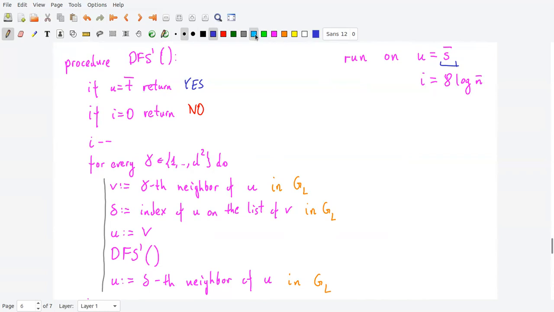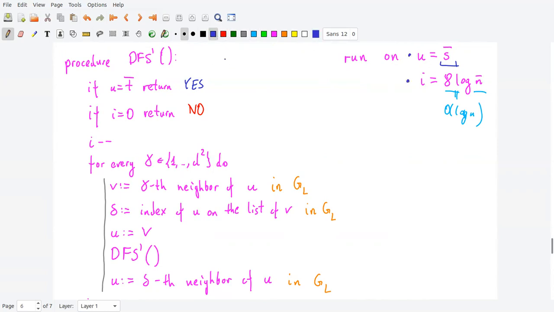And I've got this parameter I, which is the depth of the recursion that is still allowed, and I set it a priori to 8 times the number of vertices of GL, which is order of log n. So these are the initial global variables, U and I.